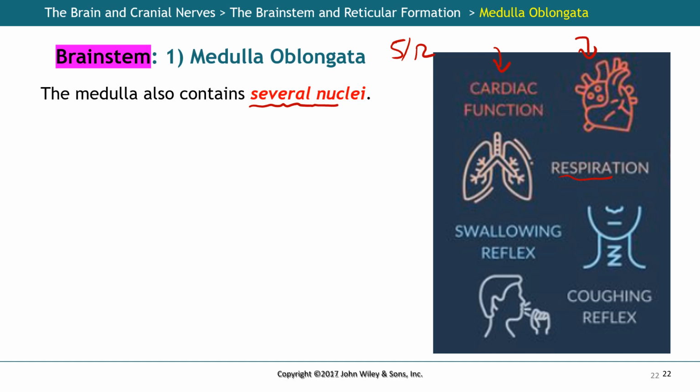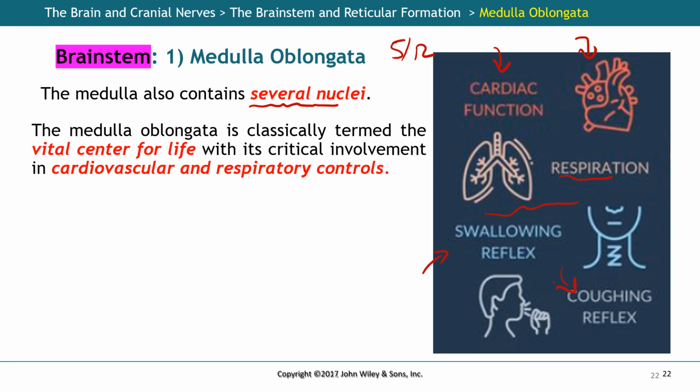And if you read the textbook in detail, they will tell you there are different centers for reflexes that don't depend on you, that are non-voluntary, like the swallowing reflex, coughing, sneezing, and other ones. So to summarize, remember that the medulla oblongata is very important and is termed the vital center for life.